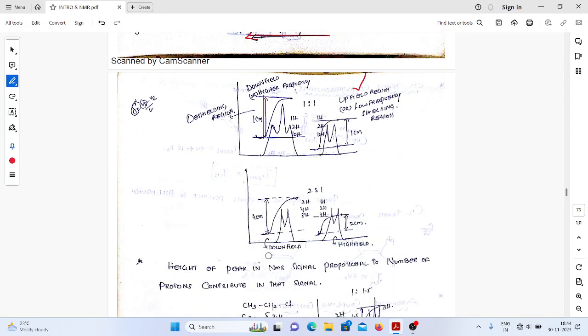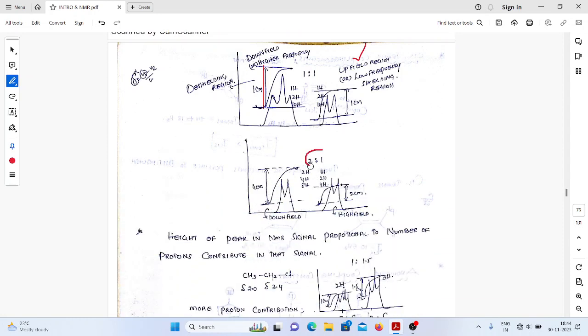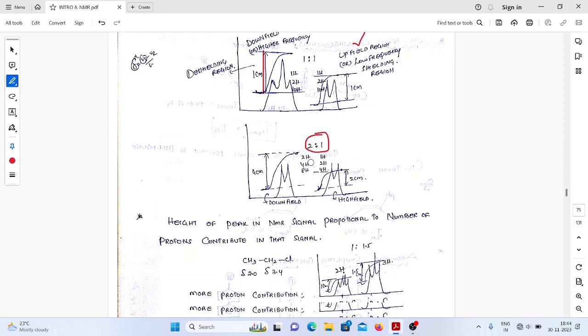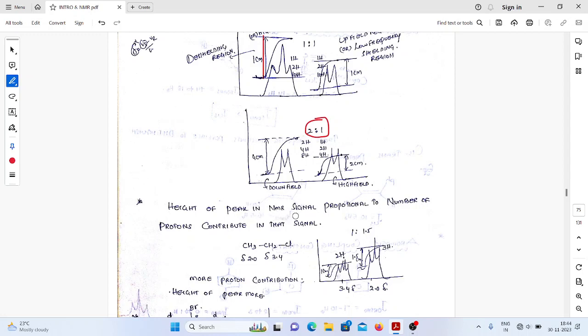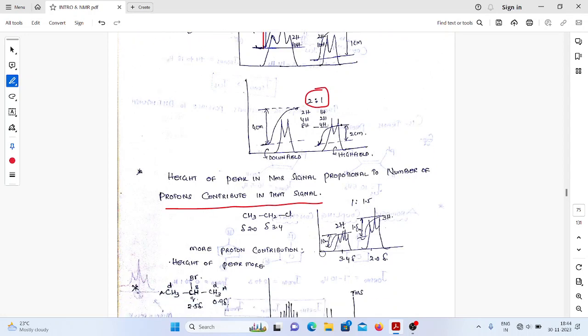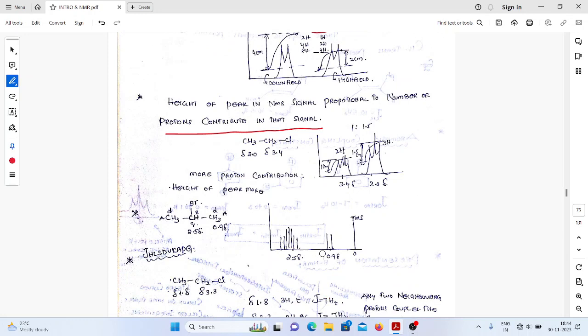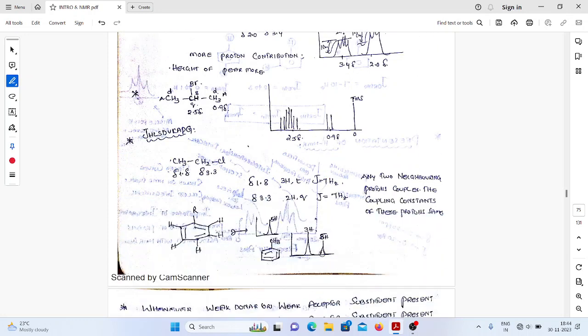That is the importance. From this we are going to get the ratio of protons. The height of the peak in an NMR signal is proportional to the number of protons contributed to the signal. Indirectly, we are going to get the number of protons.